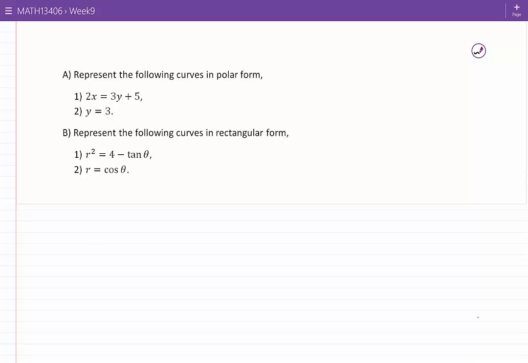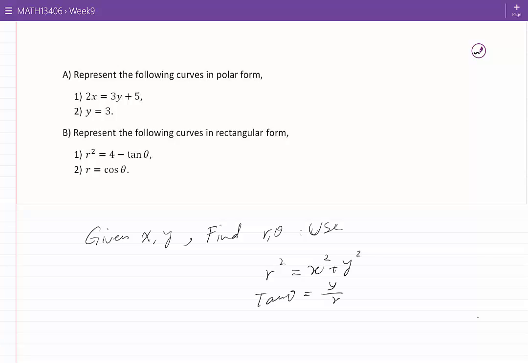If we are given x and y and we want to find the r and theta representation, then we would use these equations: r squared is equal to x squared plus y squared, and tan theta is equal to y over x.